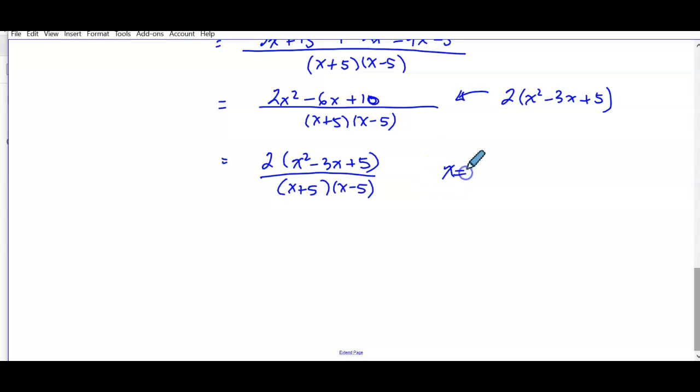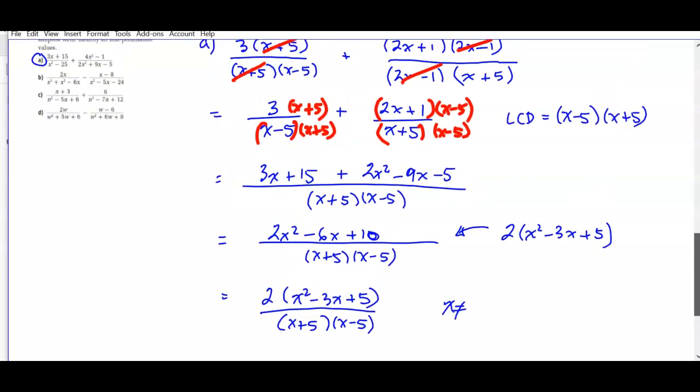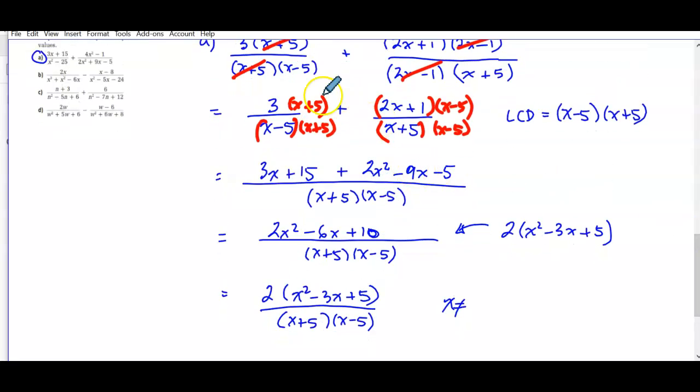Your non-permissible values, you do need to go back and look at the original before you divided anything out. So here, plus or minus 5, which you can see from the final, you wouldn't have missed that. But here, this factor here was divided out, and so we have to include that in our non-permissibles.